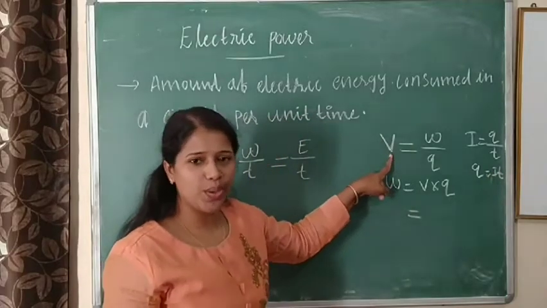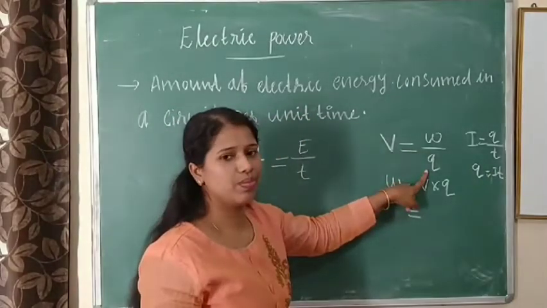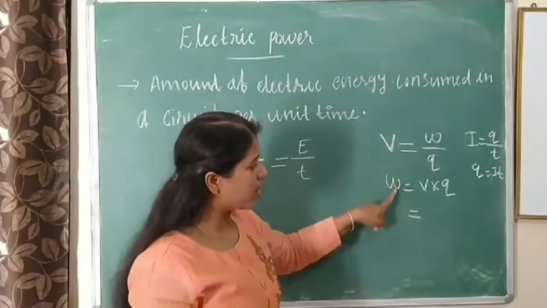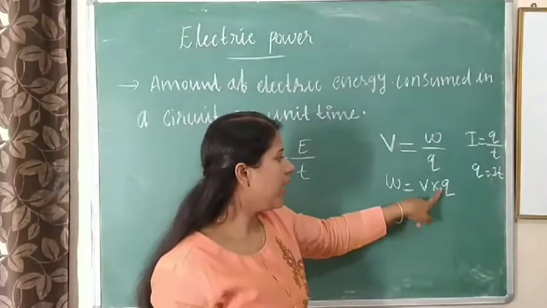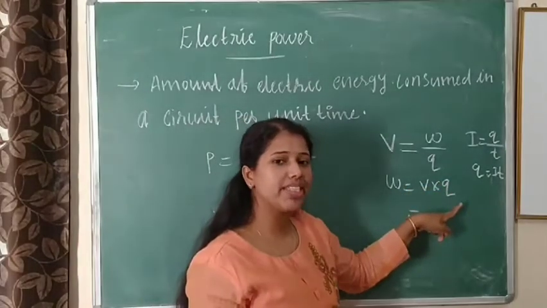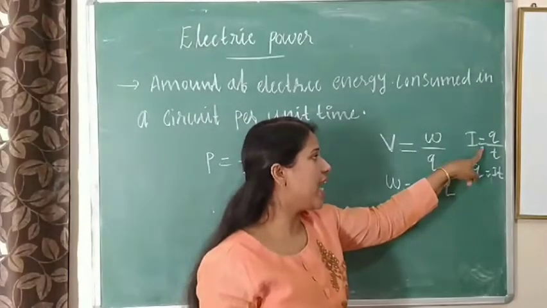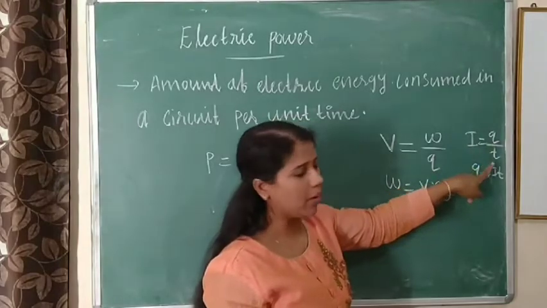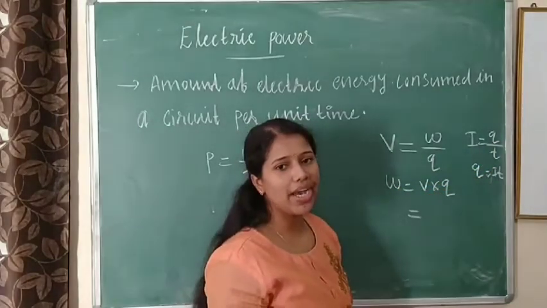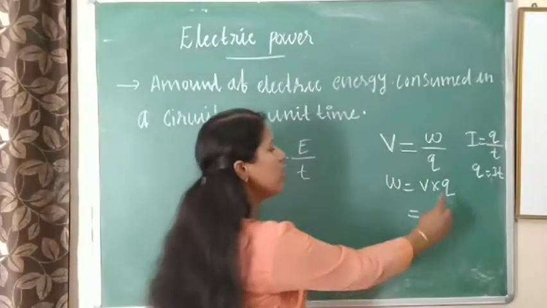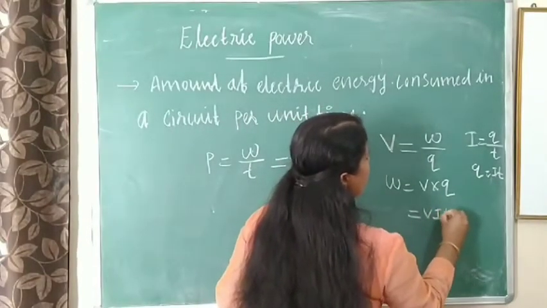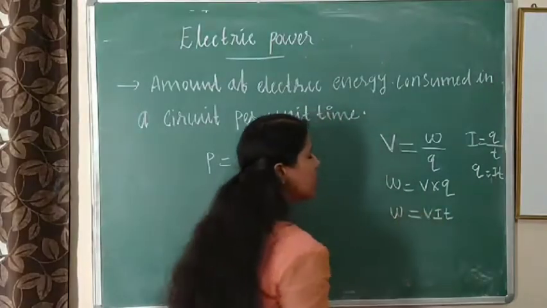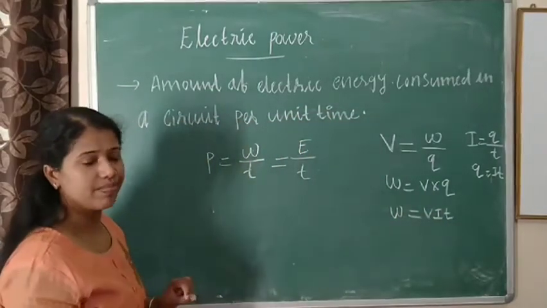The aim is to calculate this Q. Instead of this Q, we can substitute, then W is equal to V into I into T, W is equal to VIT.